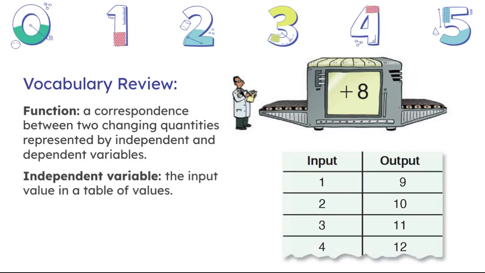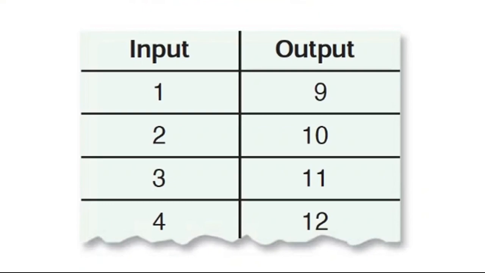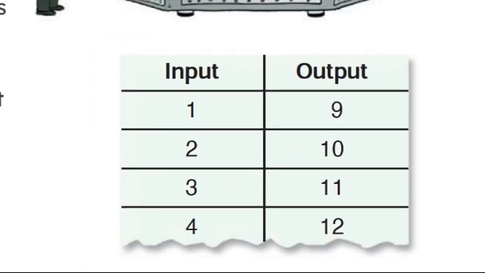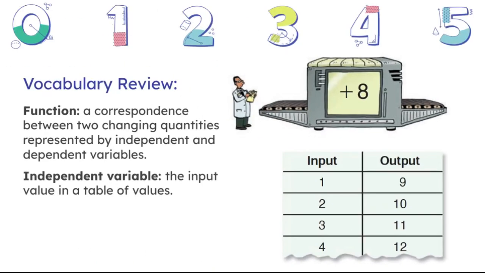So the independent variable is the same as the input value in a table of values, which is what we call a table like this one here. It's a table that has values in it. So it's a table of values. Okay, so the independent variable is the same as the input value on the table of values.